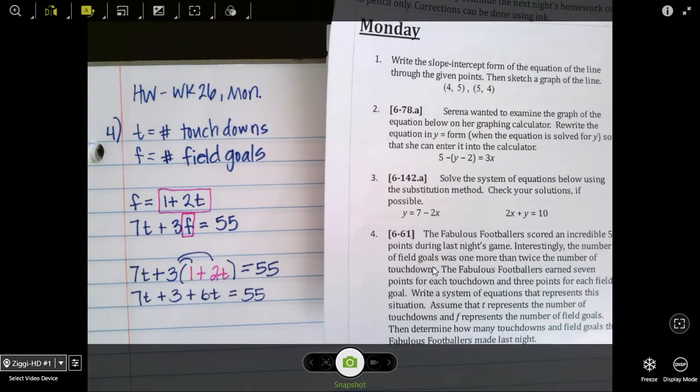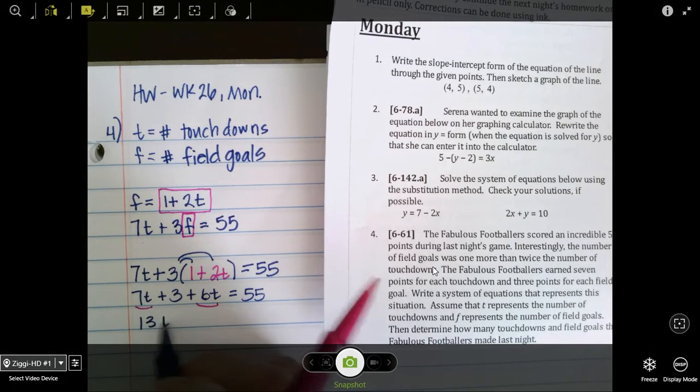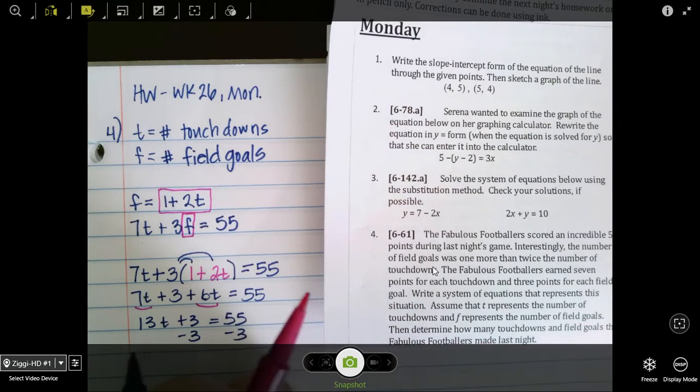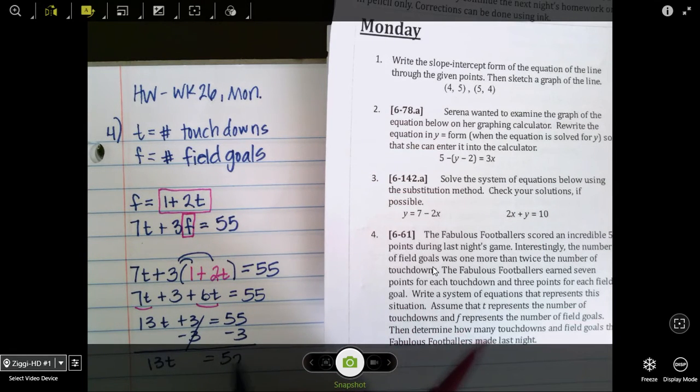We do have like terms: 7t plus 6t, which is 13t, plus 3 equals 55. I want to subtract the 3. The goal is to isolate t. So 13t equals 52.